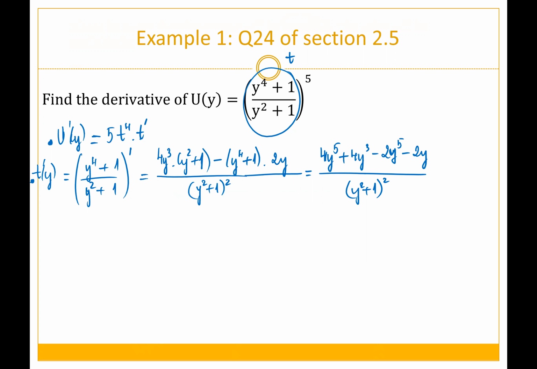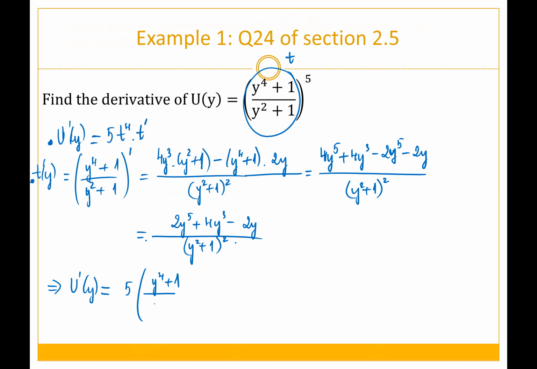So what we have here is y squared plus 1, squared, and I'm having 2y to the fifth minus 4y cubed minus 2y. And therefore u prime with respect to y is going to be 5 multiplied by y fourth plus 1 over y squared plus 1 to the fourth, multiplied by this thing as well. So there's going to be another 2.